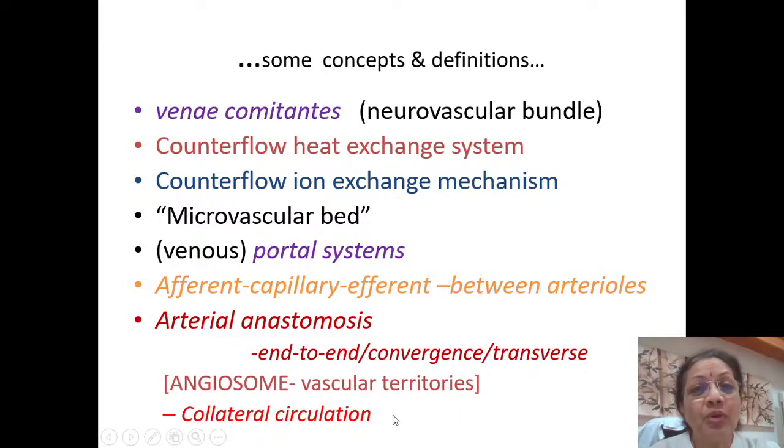And another important concept called collateral circulation. This means that any one territory may be having one main artery and maybe one or two other, three or four, minor supplies also over and above. And in normal life, in normal function, when it is healthy, all of them are perfusing the blood. The blood is the same, so it is getting perfused generally.